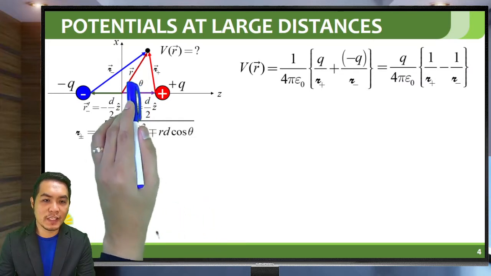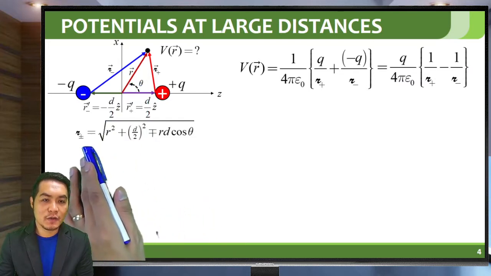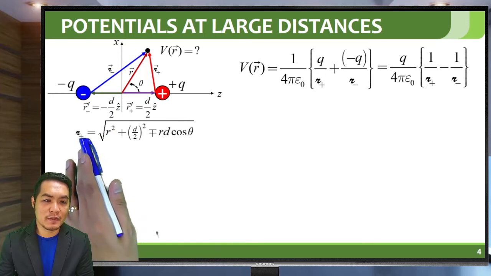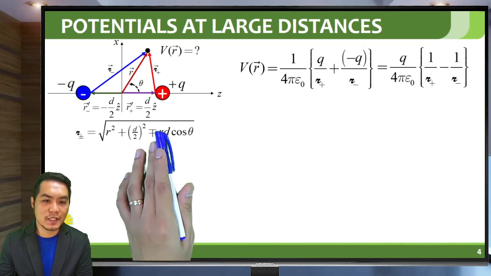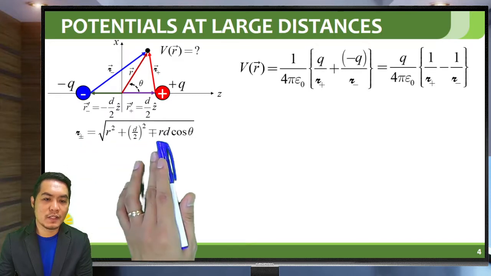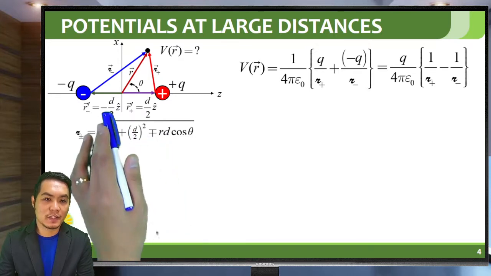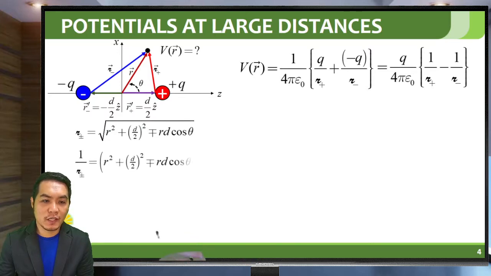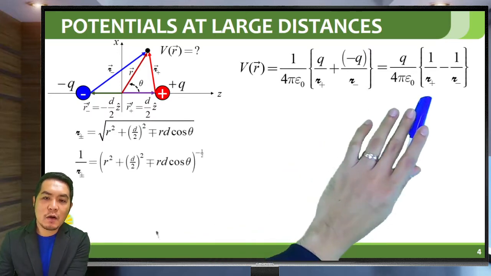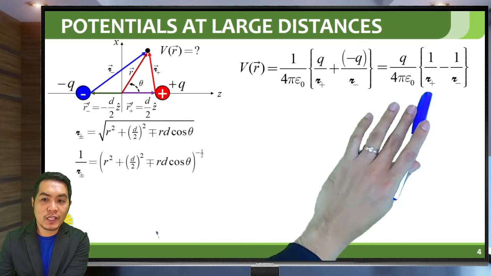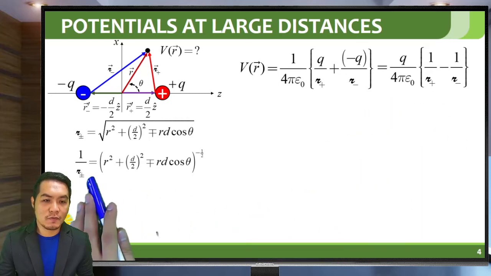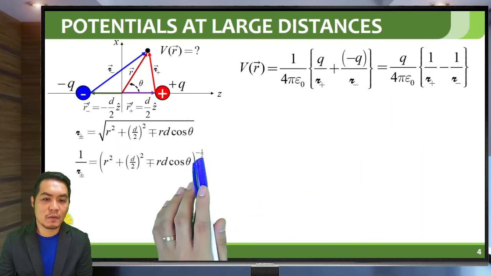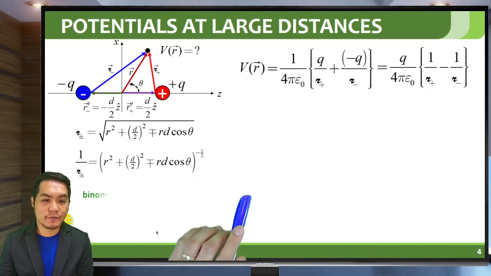So if this is theta, then these are your separation distances, r plus and minus. So the upper sign corresponds to r plus, the lower sign corresponds to r minus, the separation distance from the negative charge to our field point located at r. So since in our equation we need 1 over curly r, 1 over curly r is just the inverse of this, so to the power of negative 1/2.